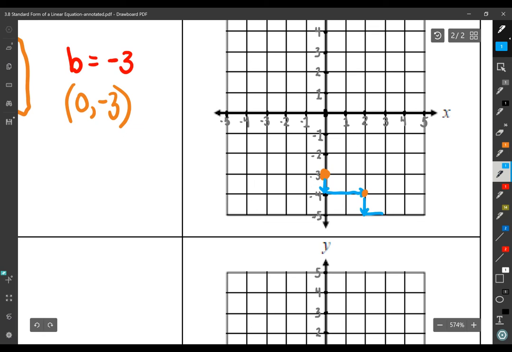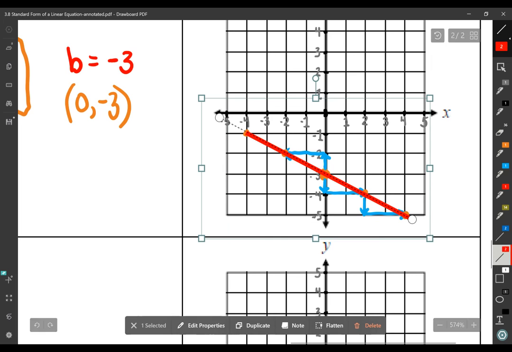Down 1 over 2. Okay, go backwards. Up 1, back 2. Do it again. Up 1, back 2, right? So you end up with a bunch of points on the line. And once you have enough, get your ruler out and connect the points. Extend your line through the whole graph, and we're good.